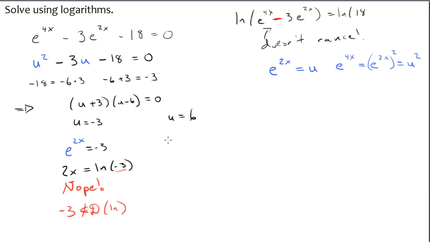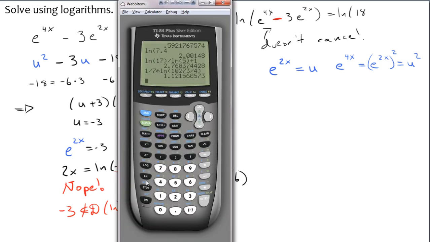Whereas over here we'll have e to the 2x is equal to 6. So 2x will be equal to the natural log of 6, which is a number. x is 1/2 of the natural log of 6. x is about, let's go 0.5 times ln 6, are we doing 4 digits?